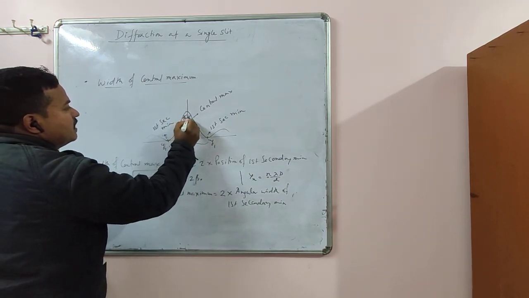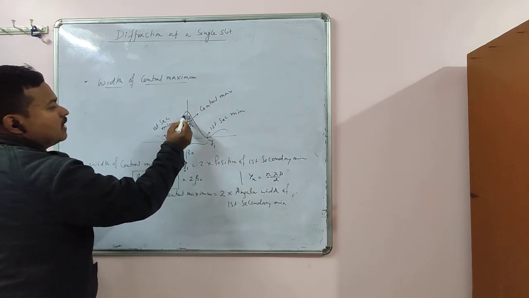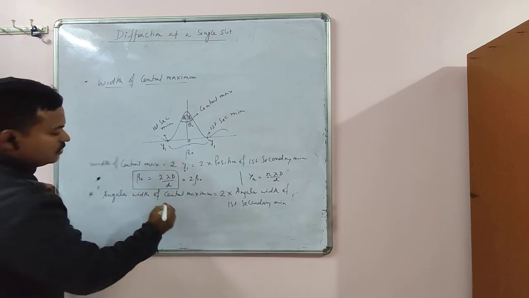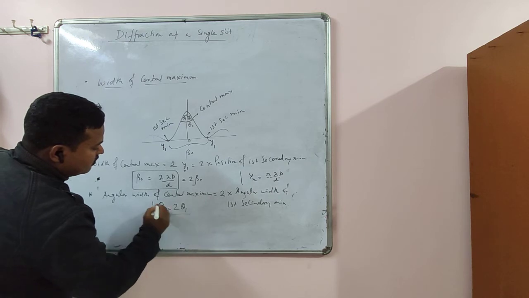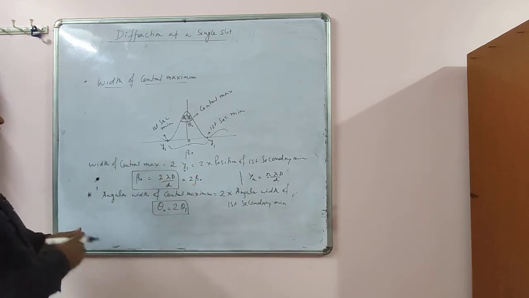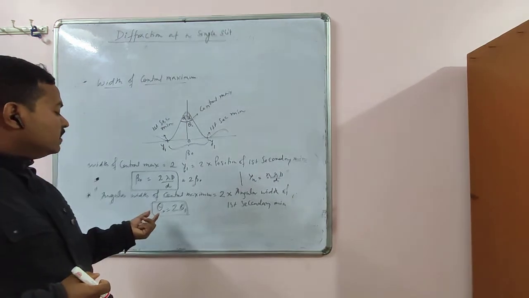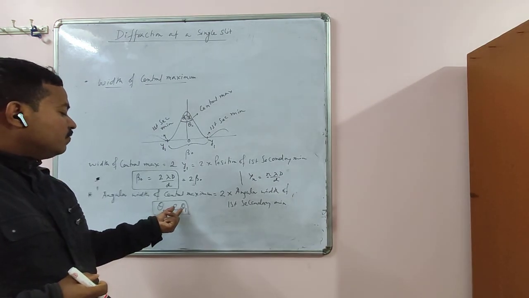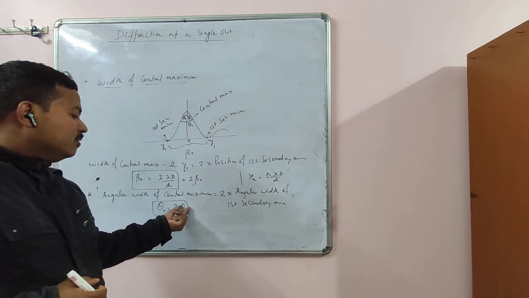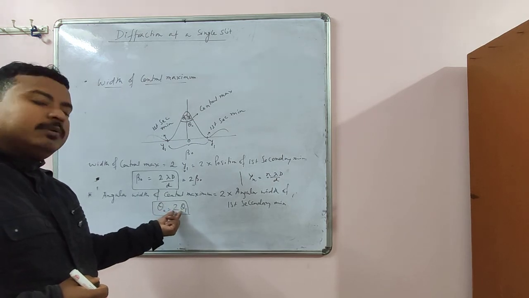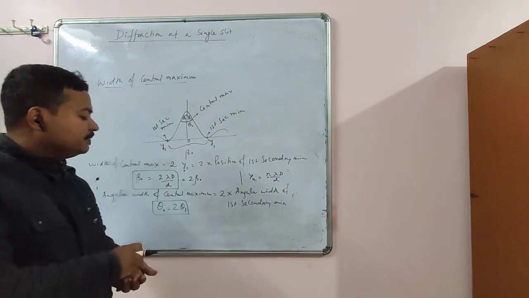Suppose this is theta 1, this is theta 1, and this is theta naught. So the width of the central maximum is twice the width of the first minimum: theta naught is equal to twice theta 1. This is very important. In questions, you may be asked to find the width of the central maximum. To do that, first find the angular width of the first secondary minimum, then by multiplying by 2, you will get the angular width of the central maximum.